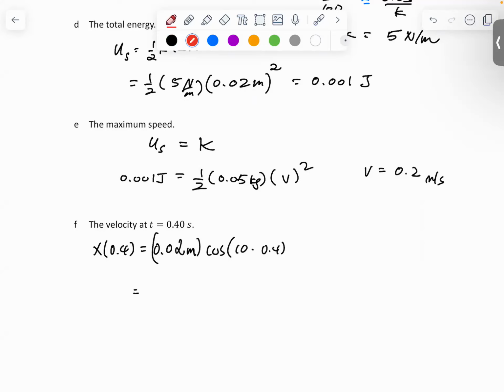Now, be careful on one thing, that is this part right here. You do not see any degree symbol. That means it must be in radians. So when you do your calculation, make sure you double check that it is in radian mode, or else you will get some funky answers.